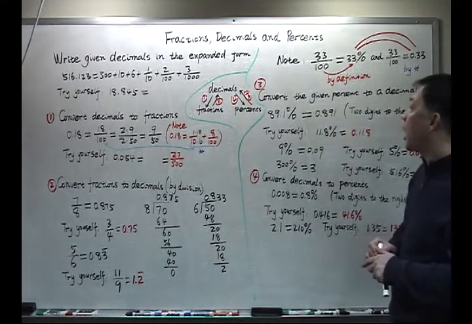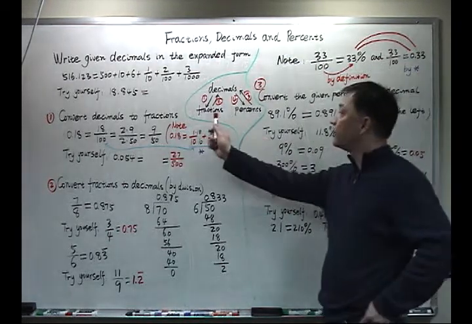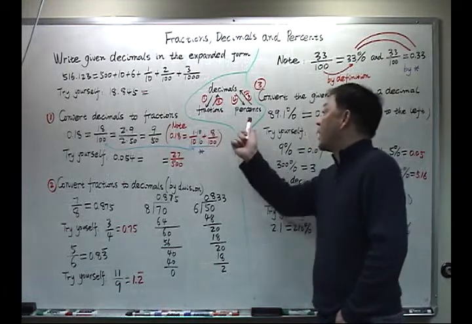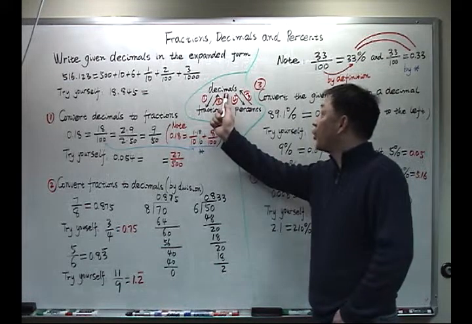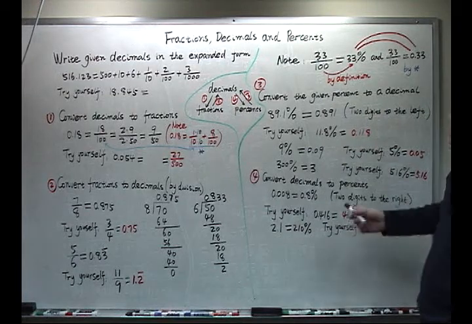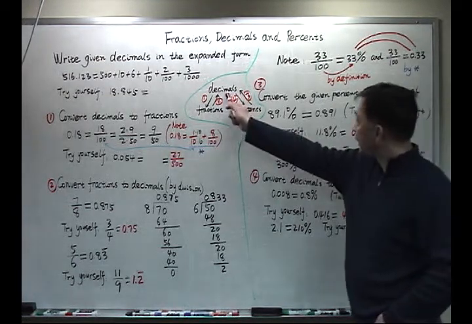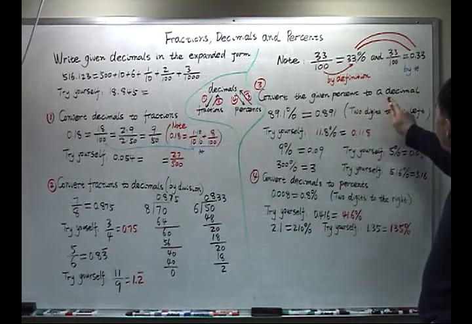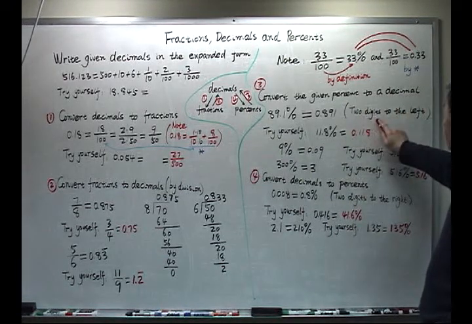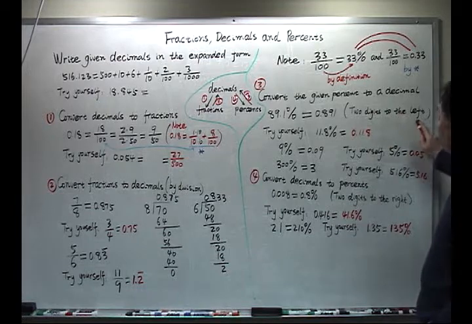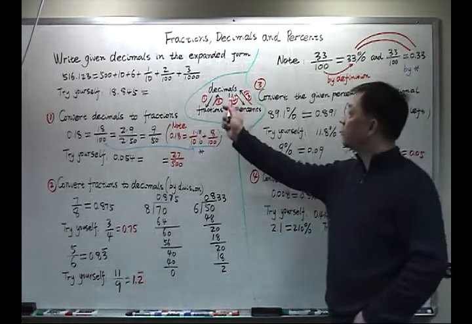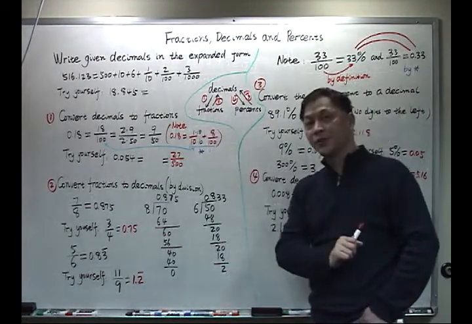Okay. Now how about convert percents to fractions? You can convert percents to decimals by shifting the decimal point. Percent to decimals is 2 digits to the left. And then you can convert decimals to fractions.